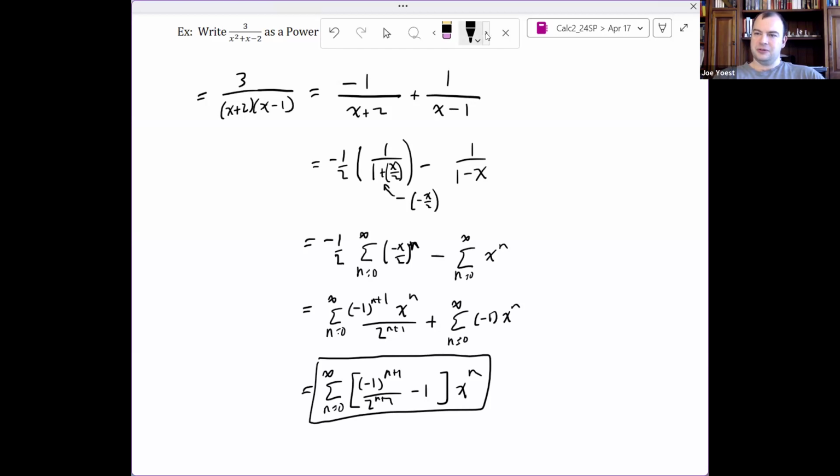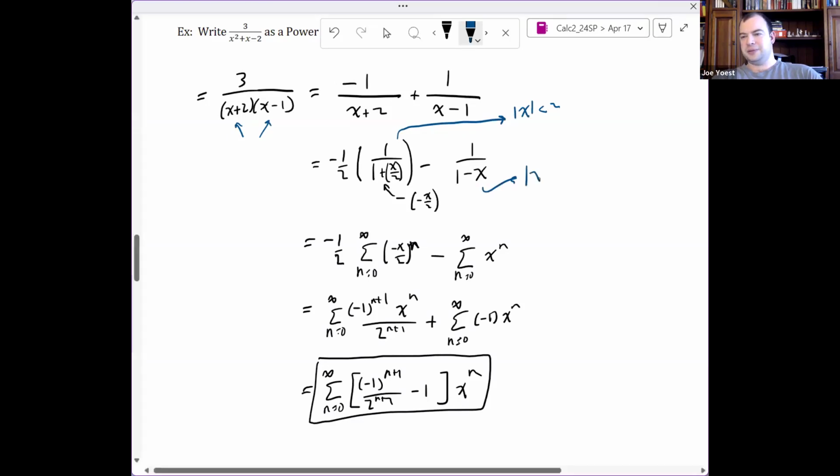So where will this converge? Certainly not on the whole real line. We see that we have restricted values, so really no hope for that. This first one will converge when my ratio absolute x over 2 is less than 1, or when absolute x is less than 2. And the second will converge when absolute x is less than 1, just a straight geometric series.